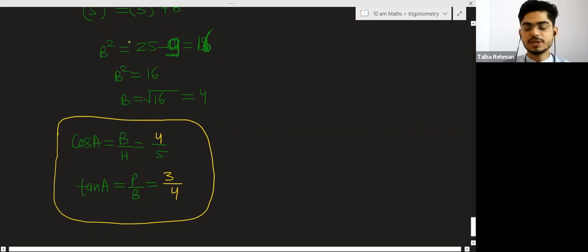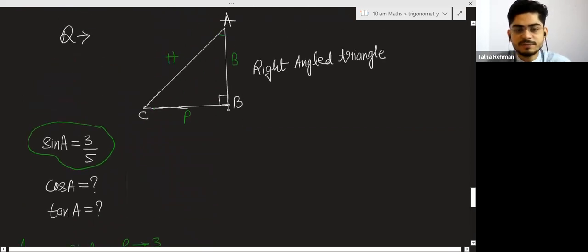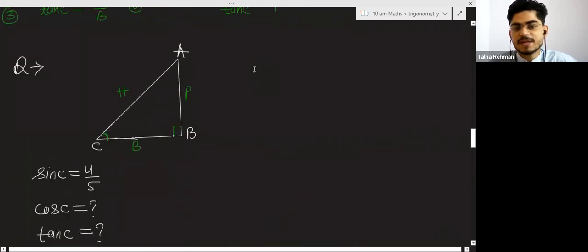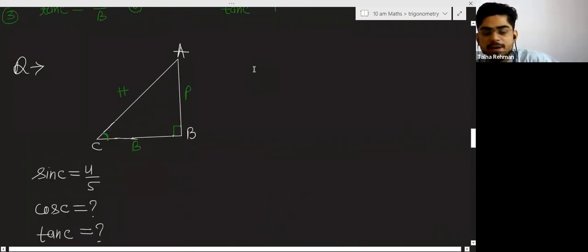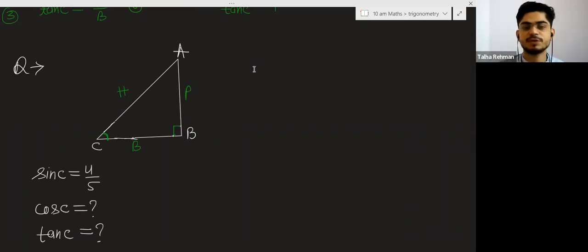In this way we have to calculate the ratio sine of angle A. Someone can ask you sine of angle C, sine of angle A, or cos of angle A. So base, hypotenuse and perpendicular, you have to take with respect to the angle.